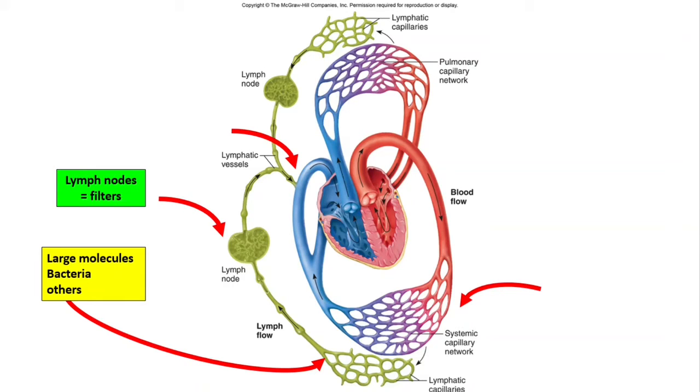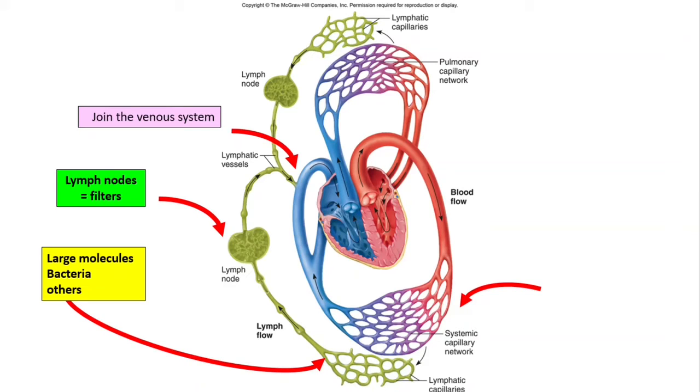Lymph nodes are the structures that will receive the lymph from the tissue, and they are filters. Then the whole system is going to end in the venous system.